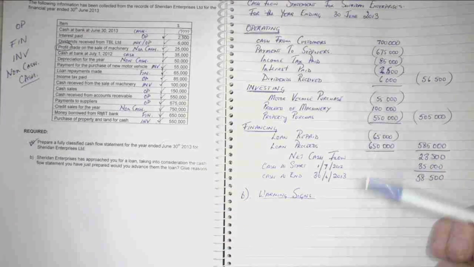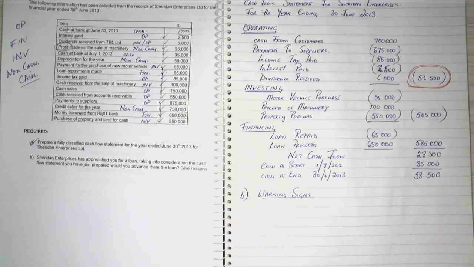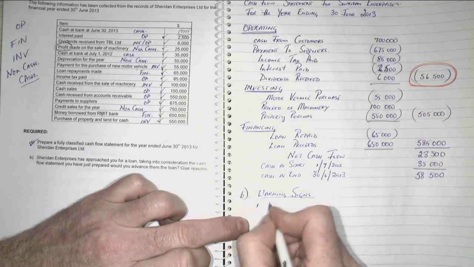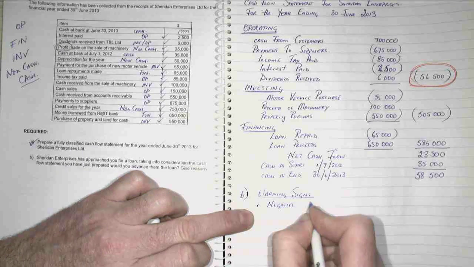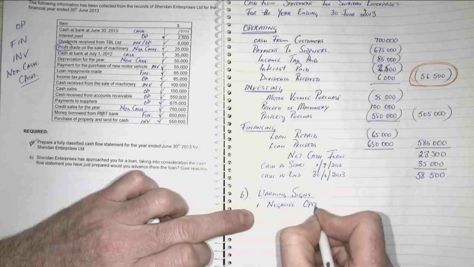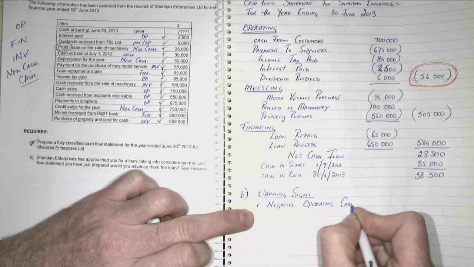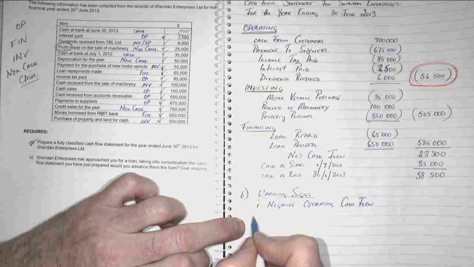What are my warning signs? Well, first things first, I need to look at my negative operating cash flow. So I've got a warning sign. I've got a negative operating cash flow. It's the first warning sign.